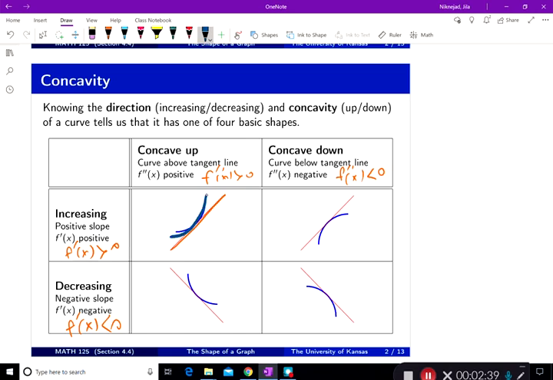Increasing and concave down. So again, the tangent line should go in a positive direction up, and concave down means the piece is underneath. And similarly, for a decreasing tangent line, you put a piece of the function above it.